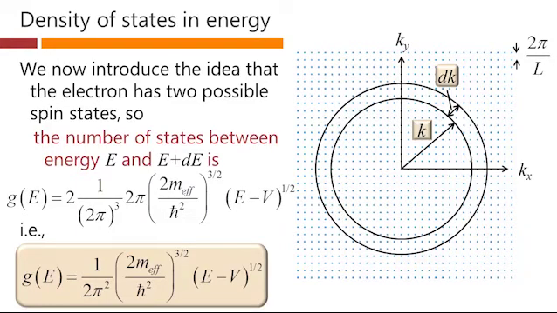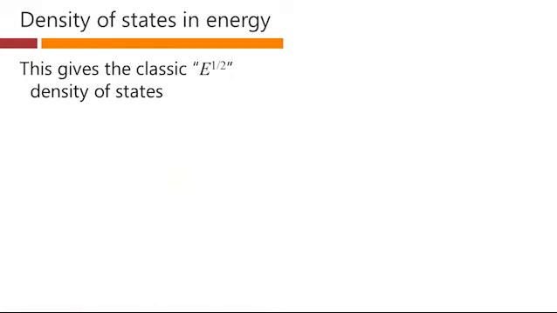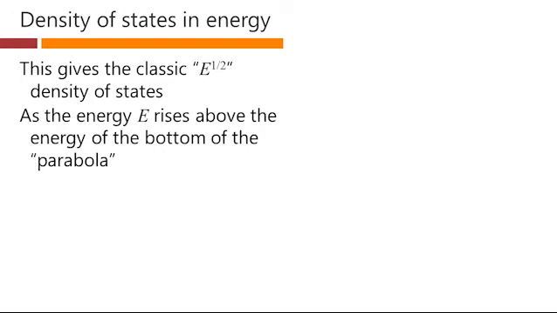In other words, we can say explicitly that the density of states in energy, the number of states per unit energy, per unit crystal volume, is given by this expression here. And that gives us what we can think of as an E to the half density of states. It's a very basic concept in the physics of semiconductors.